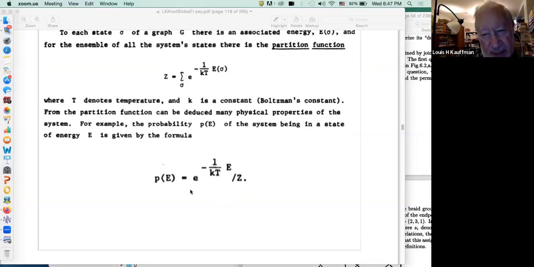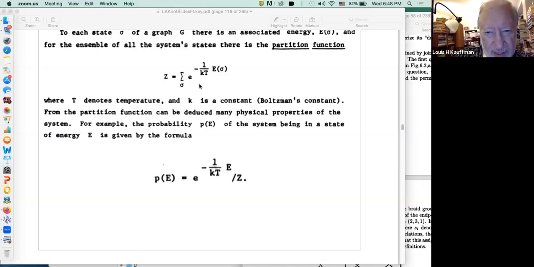It may happen that at a certain temperature, the probabilities of being in states shifts and becomes quite different, just as it surely does when you go from a liquid to a gas, for example, or from a liquid to a solid. And so this is the basic function that people study in statistical mechanics.